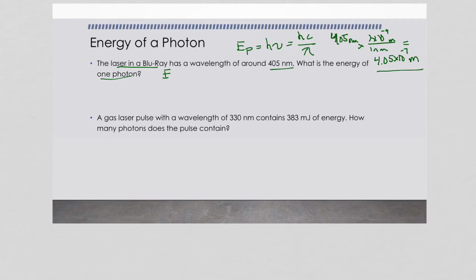So now that we know it in meters, we can use our equation. The energy of a photon is equal to hc over lambda. Remember, h is 6.626 times 10 to the negative 34th, in units of joule seconds, and the speed of light is 3 times 10 to the 8th meters per second, divided by our wavelength, 4.05 times 10 to the minus 7th meters.